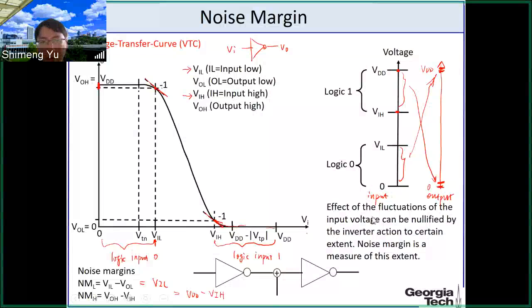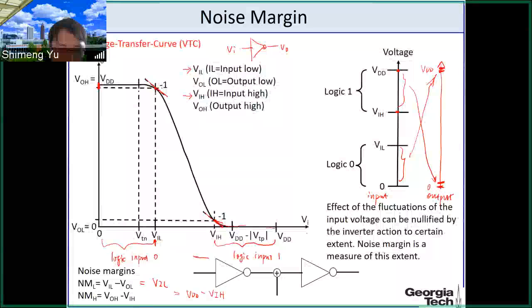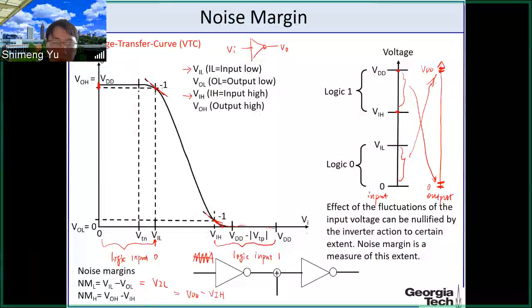In other words, the inverter has a good attribute, which is to suppress the noise in the circuit. For example, if the input of the inverter is maybe logic 1, but it may have some fluctuation due to the noise, a fluctuation in this range, after the inverter the noise is suppressed into this small range.